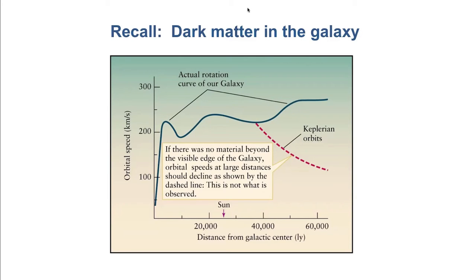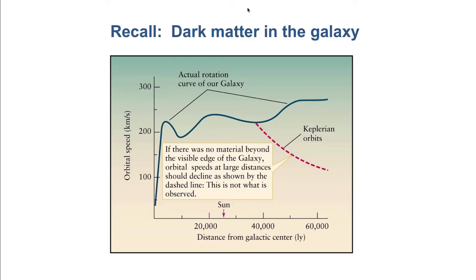The other problem is it seems that there's more mass even outside the visible extent of the galaxy itself, right? 40,000 light years is about where we see the galaxy itself end. There aren't many stars out beyond 40,000 light years. It's pretty much just empty space out there, it looks like.